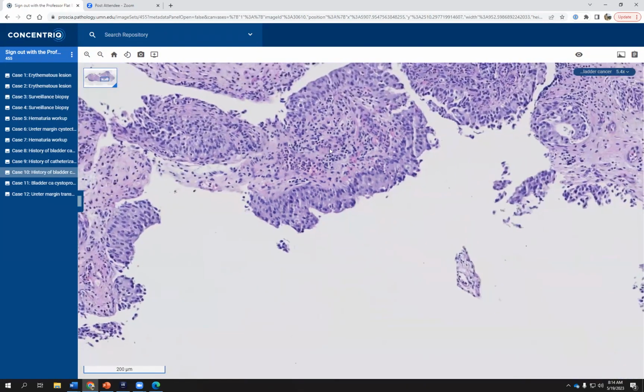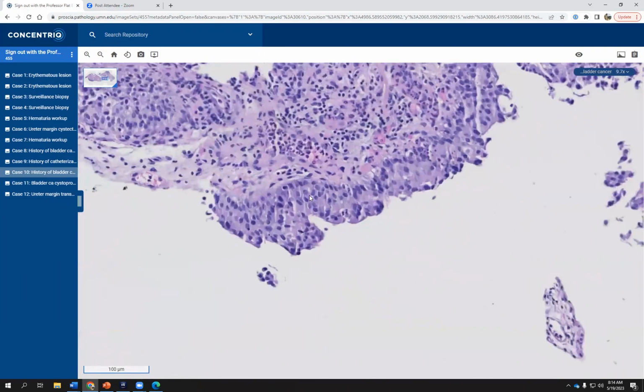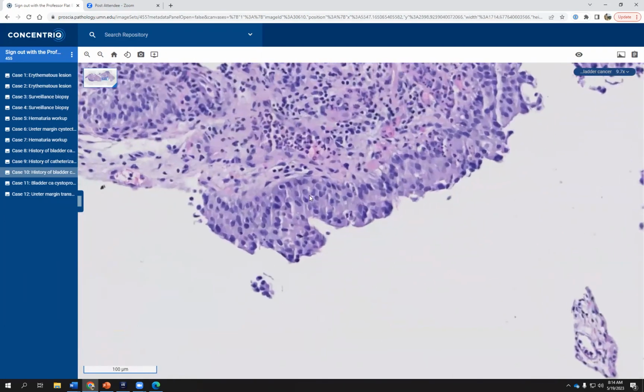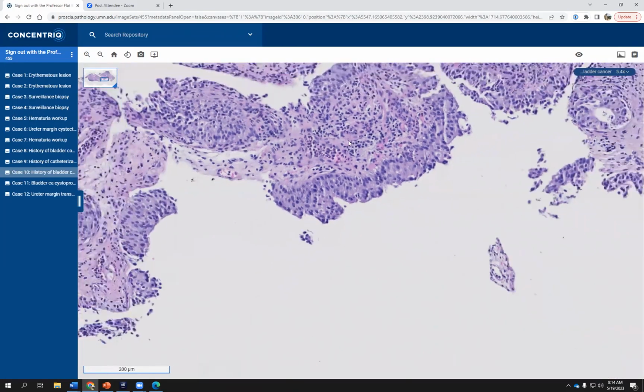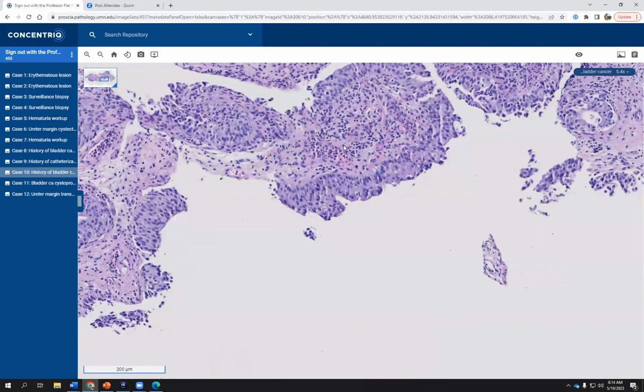So in this condition, compared to the previous two, compared to case number 8, where we called it urothelial atypia favor reactive, this is a situation where I would say urothelial atypia favor carcinoma in situ, even if I don't want to straight out call it carcinoma in situ. So this is how I use these terminologies.